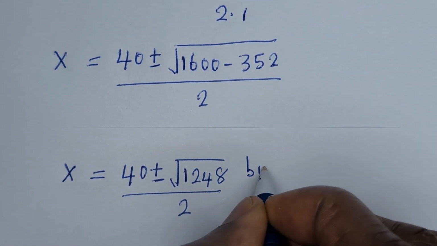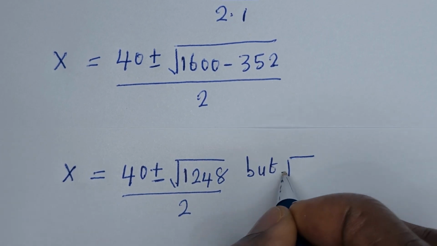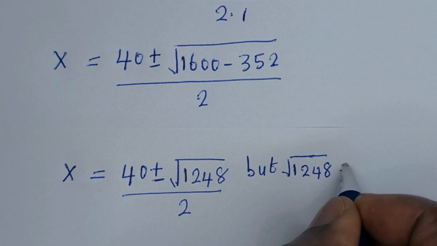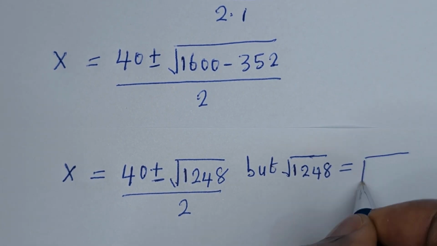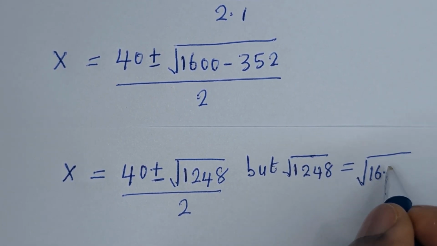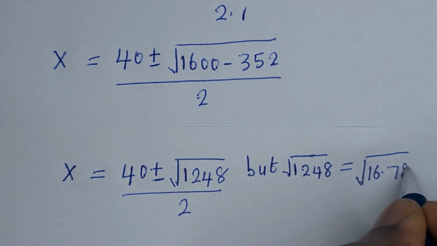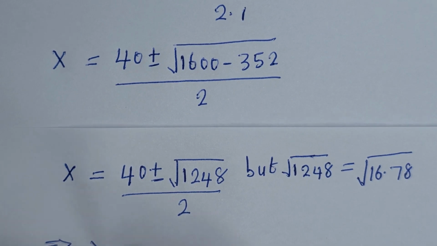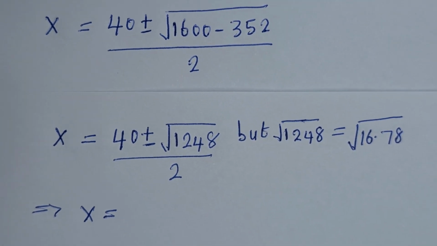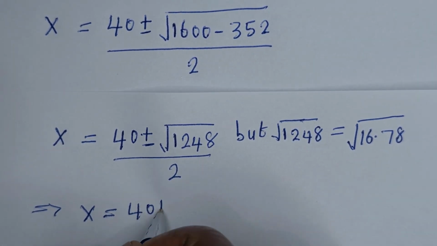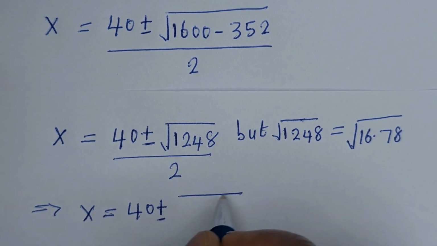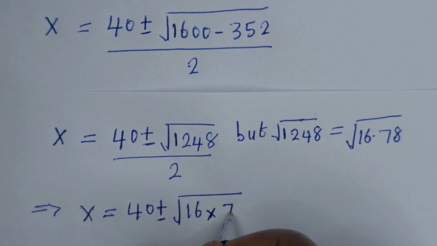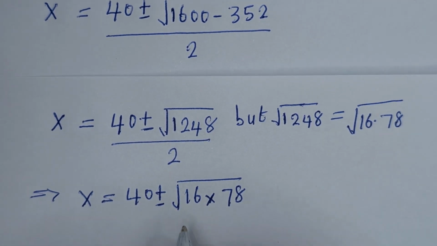But square root of 1248 is equal to square root of 16 multiplied by 78. So we have x is equal to 40 plus or minus square root of 16 multiplied by 78, then over 2.